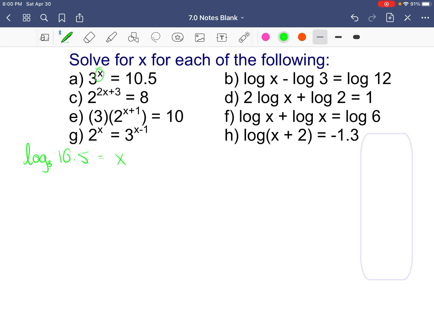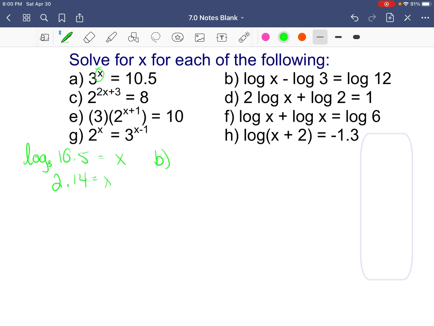If we were doing exact values, that would be our final answer. In our calculator, though, I'm going to take log of 10.5 divided by the log of 3. So that is 2.14 is equal to x.